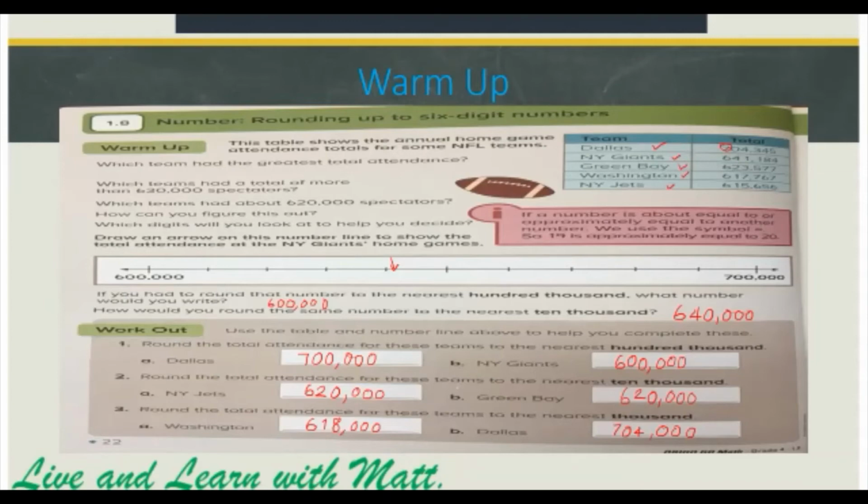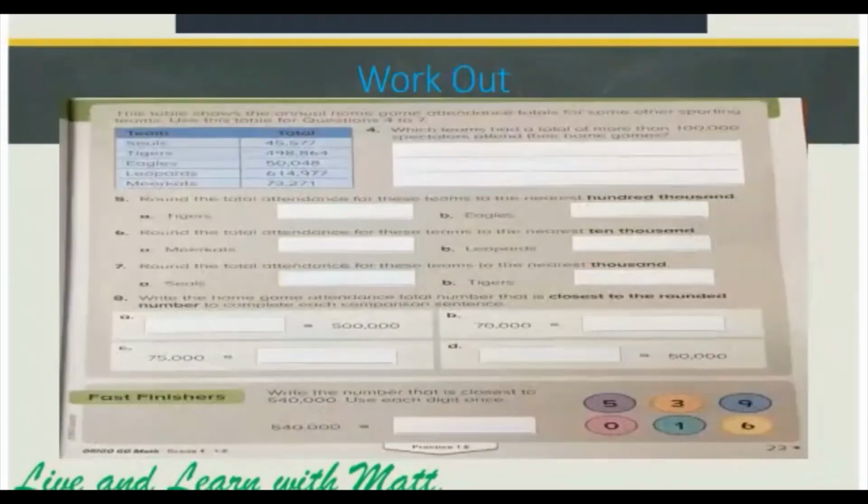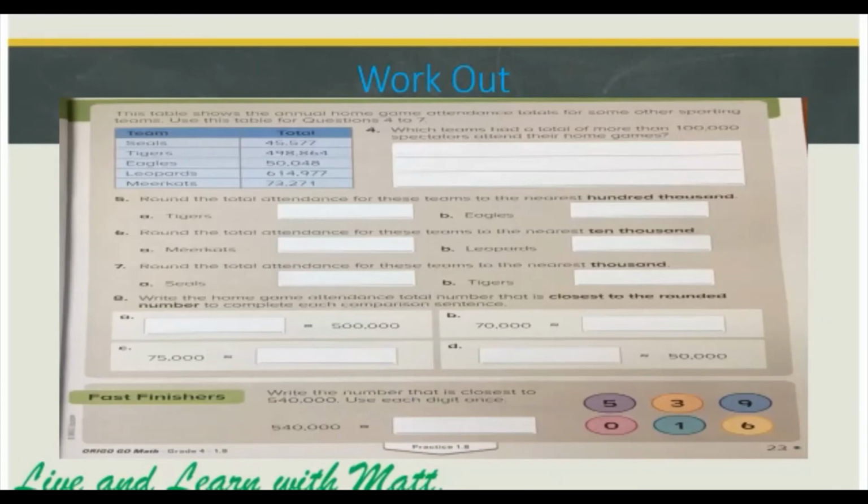Now let's go on to the next. This table shows the annual home game attendance totals for some other sporting teams. Use this table for question 4 to 7. So now question number 4, which teams had a total of more than 100,000 spectators attend their home games?